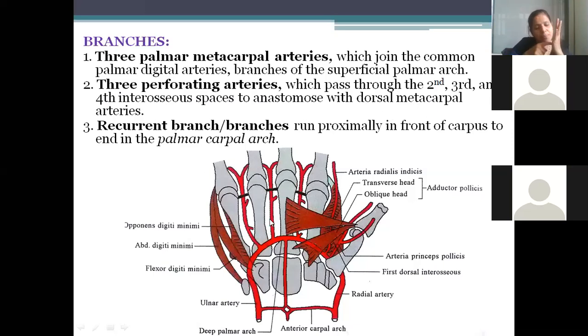That means it pierces from this aspect and is then seen on the dorsum, where it anastomoses with the dorsal metacarpal artery.